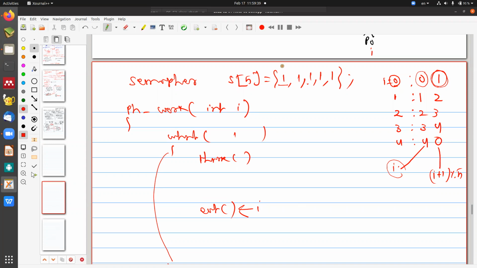For the 0th spoon you have set 1, for the 1st spoon you have set 1, and likewise the 2nd, 3rd and 4th spoons. For each individual spoon you have assigned semaphore 1. Then can you say, I'll check 2 semaphores and then I'll allow entry? Yes, sir. Yes or no? Then which semaphore should it be? Anybody?